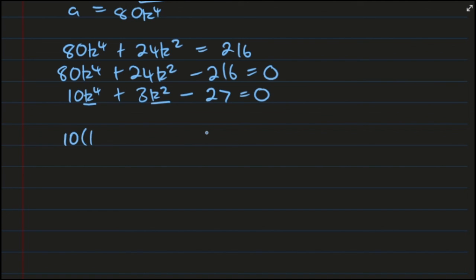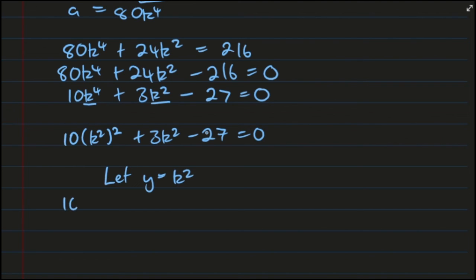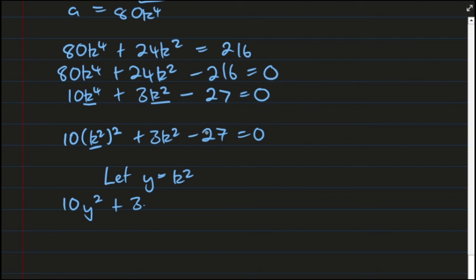So that's 10 (k squared) squared, if you had to expand this bracket, 2 times 2 will give you 4, so that takes you back to k to the power 4, plus 3k squared minus 27 is equal to 0. Let y equal k squared, and we can rewrite our quadratic as 10, substituting k squared with y, so 10y squared plus 3y minus 27 is equal to 0.